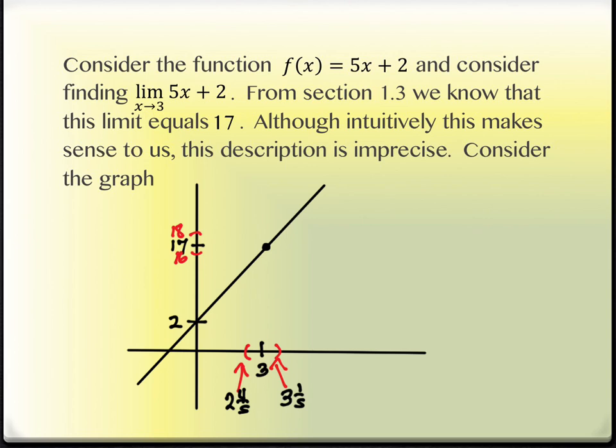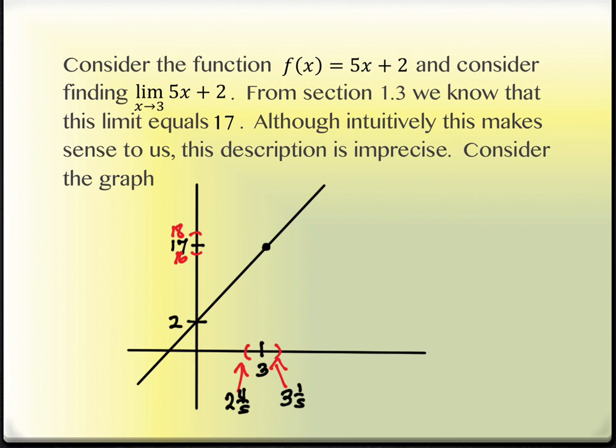Why in this equation is that happening? Because the slope's 5. The slope's really steep. So every x value that I change causes a bigger change in y than it did in x. Does that make sense? So if my slope had been 1/5, the opposite would be happening. So it depends on what the slope is.